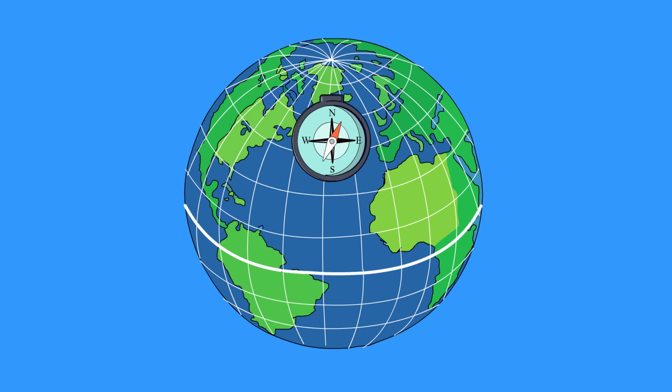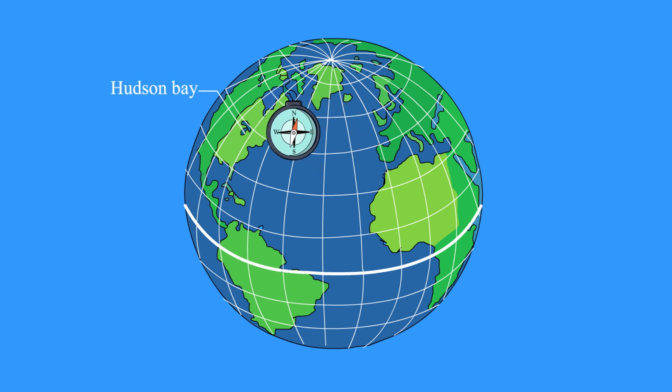Finally, at a point just north of Hudson Bay, in Canada, the north pole of the needle will point perpendicular to Earth's surface. This site is considered to be the location of the magnetic south pole of Earth. It is approximately 1,500 kilometers from Earth's geographic north pole.